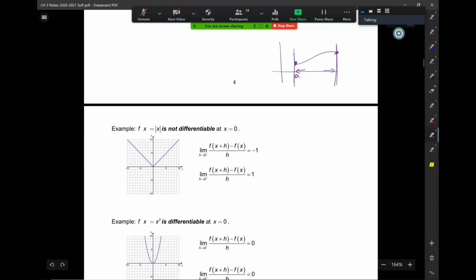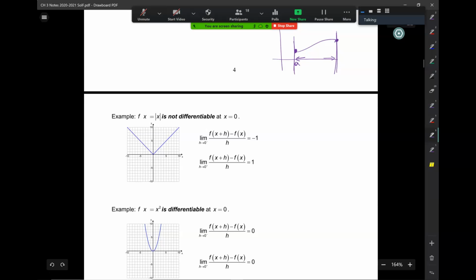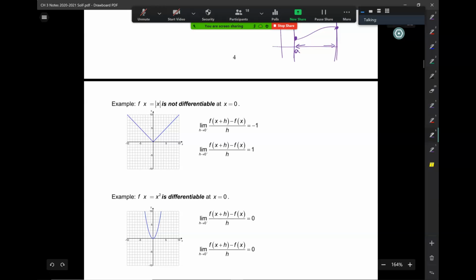All right, so take a look at this. Look at f of x here. Do you see how, when I find the derivative on the left-hand side of 0, my derivative gives me a value of -1.